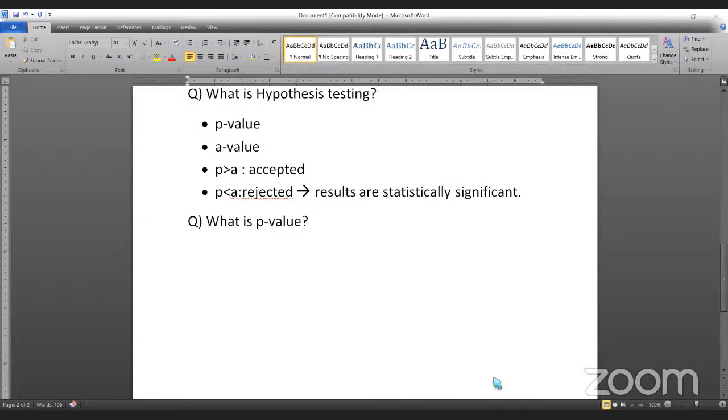For example, if we have a p-value of 0.05 and it is less than the alpha value, we can conclude that there is a probability of 5% that the experiment results occurred by chance, or we can say 5% of the time the results were by chance.